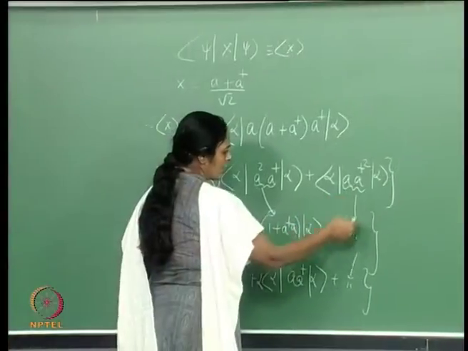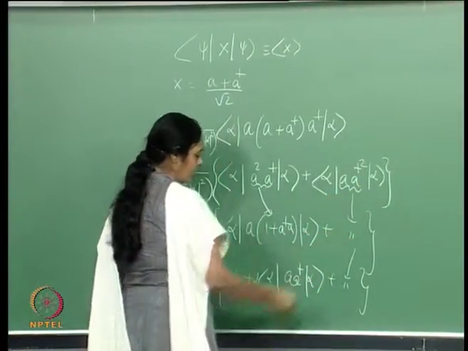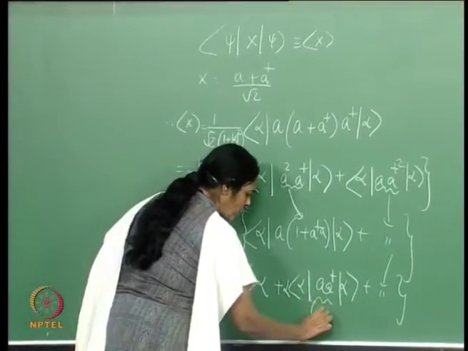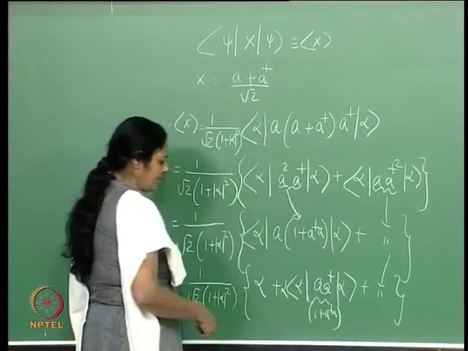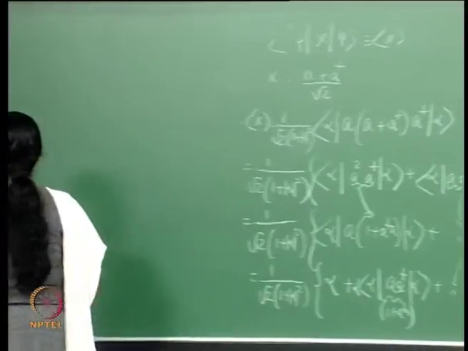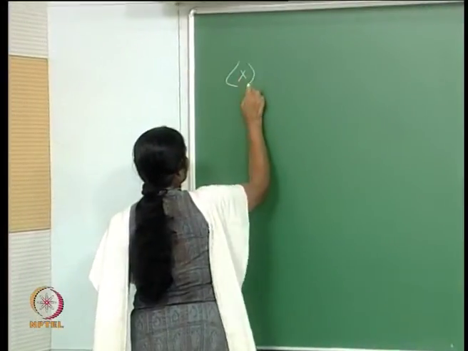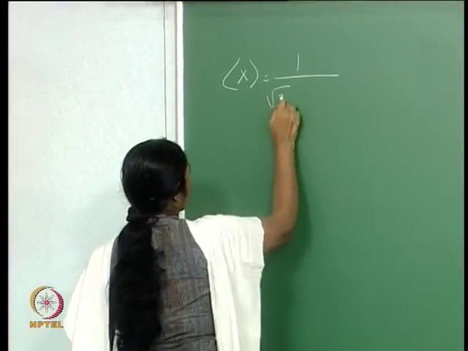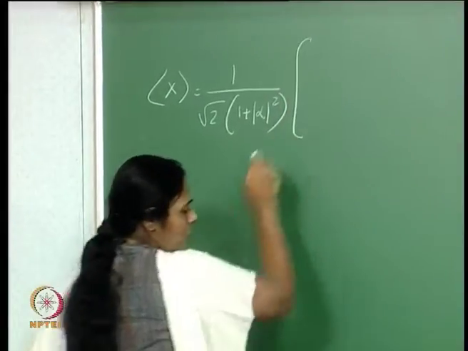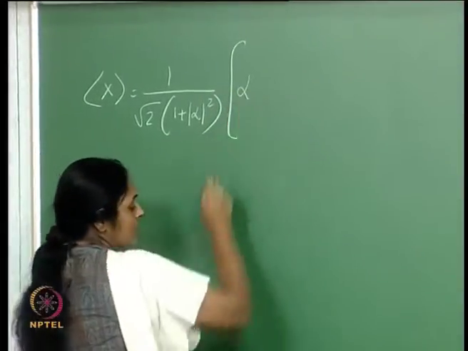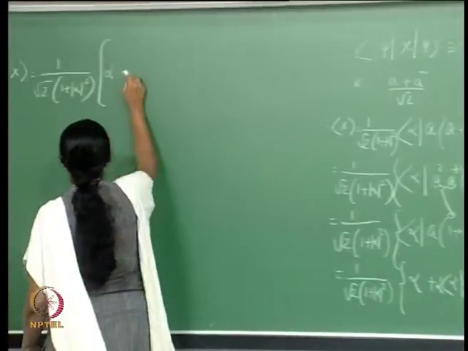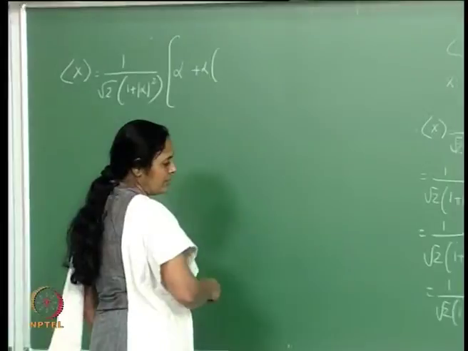By this, I mean just take down this term and put it there. Again, I write A A dagger as 1 plus A dagger A. And now I know what is happening. This expectation value therefore becomes 1 by root 2 1 plus mod alpha squared. The first term gave me an alpha, and here there is already an alpha.